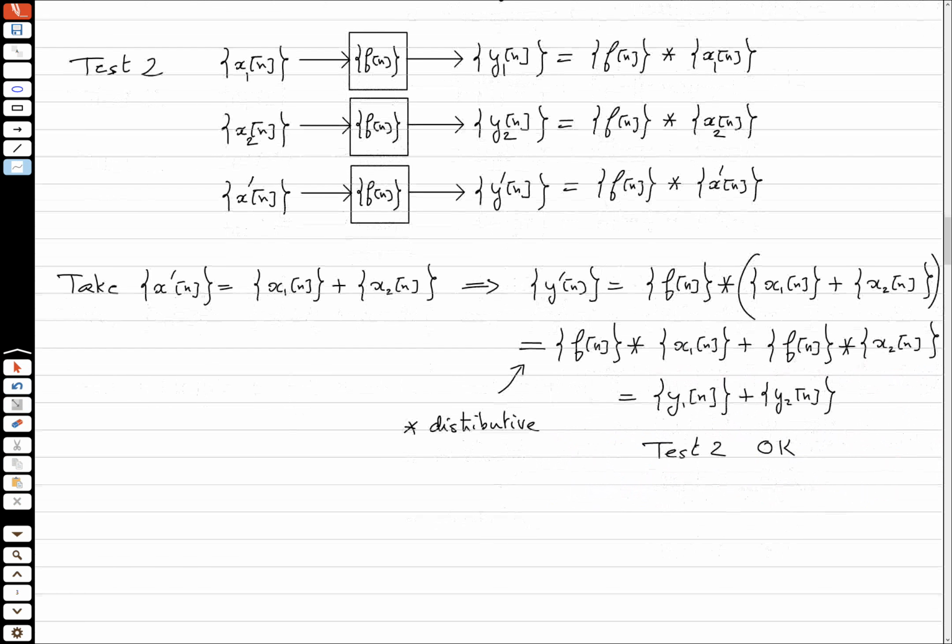But that is property 1. Property 2 talks about the impulse response. So what is the impulse response? It's the response of S to delta of n.